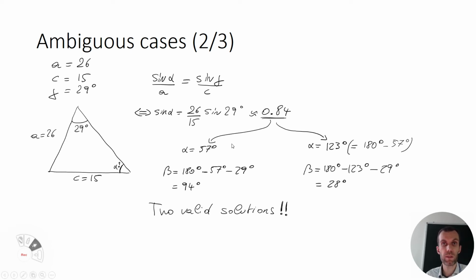In the next lecture, we'll see a specialized way to solve arbitrary equations of this form, and then that'll make it a bit more clear where these two angles come from. But for the time being, think a little bit about the fact that if you have an angle alpha and you take the sine, that's the same thing as taking pi minus that angle, or 180 degrees minus that angle, and taking the sine. So either way, you get two valid solutions here.